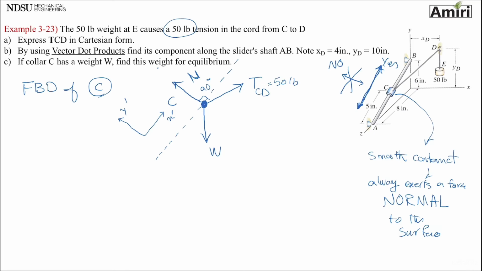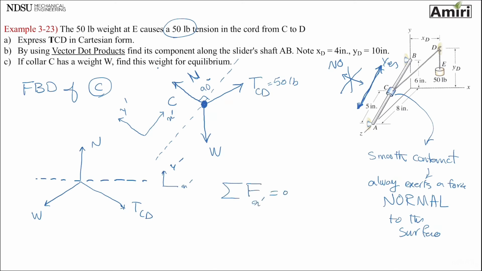In other words, I have a W, I have a TCD, I have a normal force, x prime, y prime. If I write summation of forces in x prime should be 0, that means W x prime should be TCD x prime.